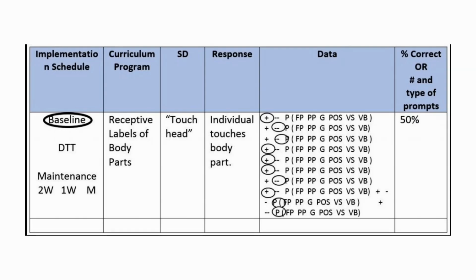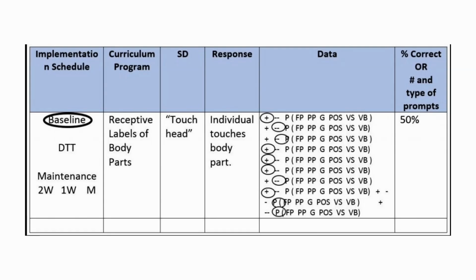They're not saying it. What you would do when you move into maintenance is mix them all up. So you'd say, touch bird, good job. Touch car, good job. Instead, when you're in DTT, most of the time you're just going touch bird, touch bird, touch bird, touch bird. We intersperse the different things we were teaching to make sure they still know them.